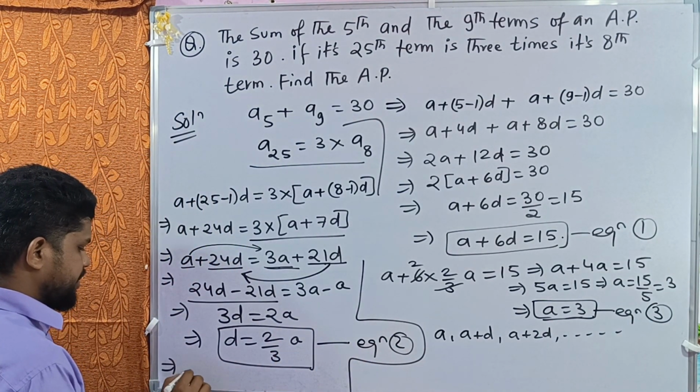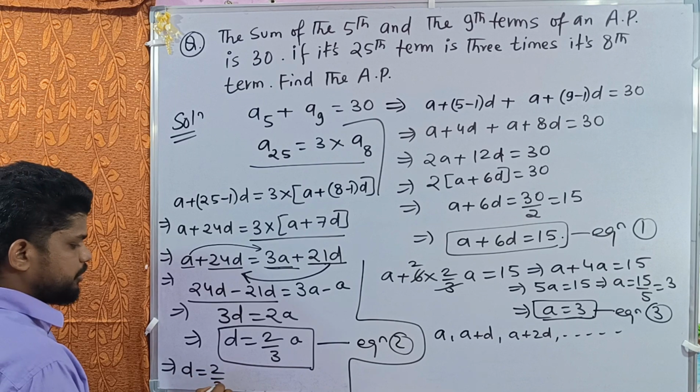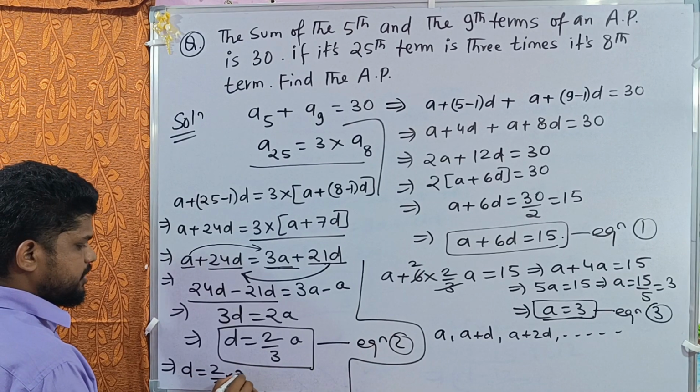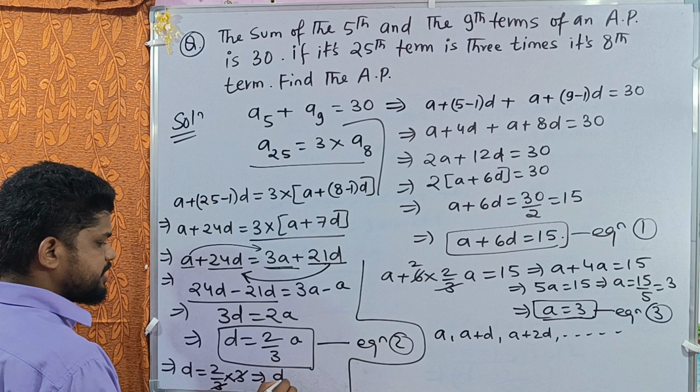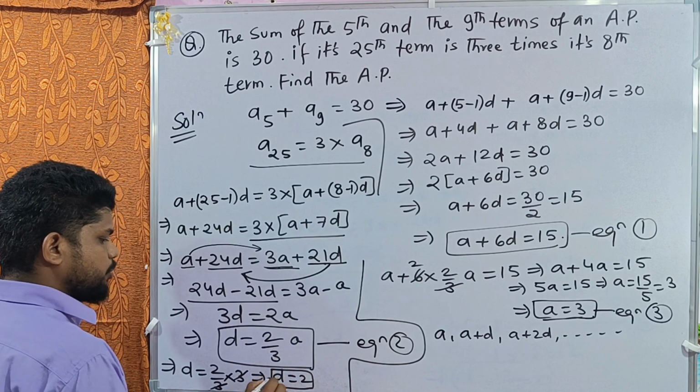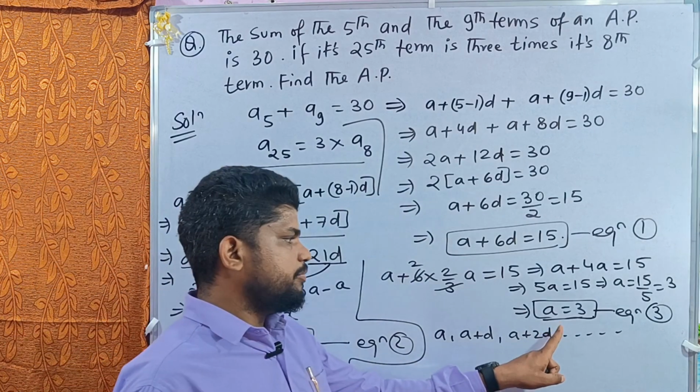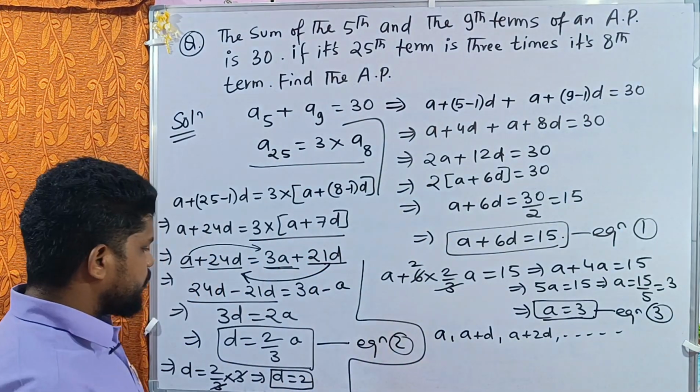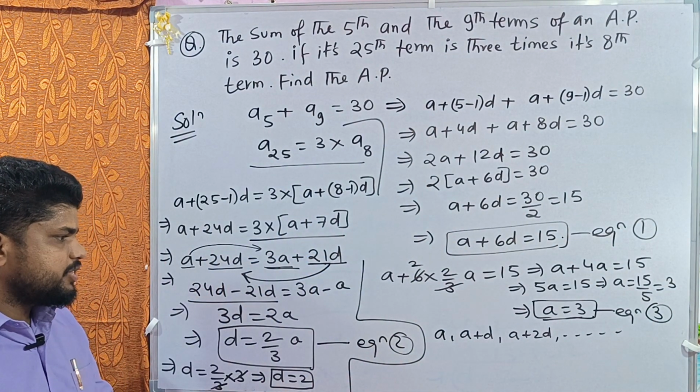We get the value of d is equal to 2 into 3 by 3, so the 3 will get cancelled out, and the value of d is 2. So the first term is 3 and the common difference is 2.